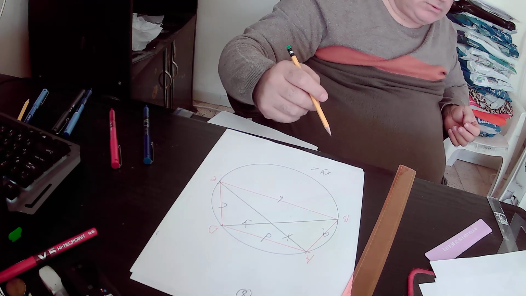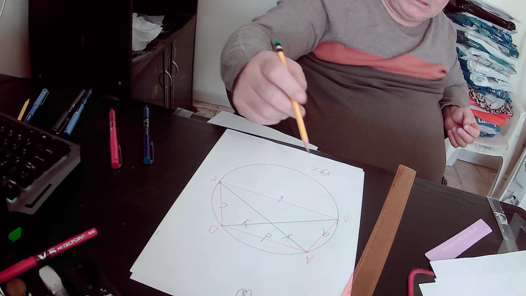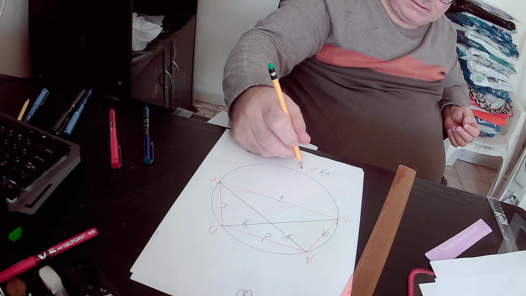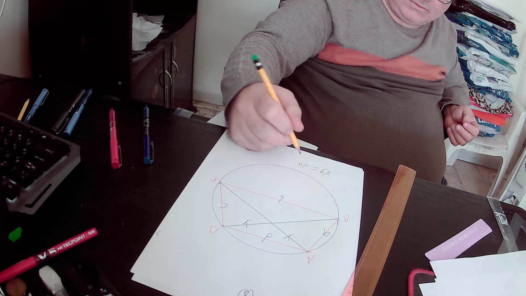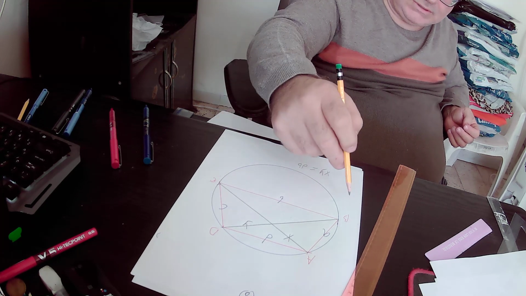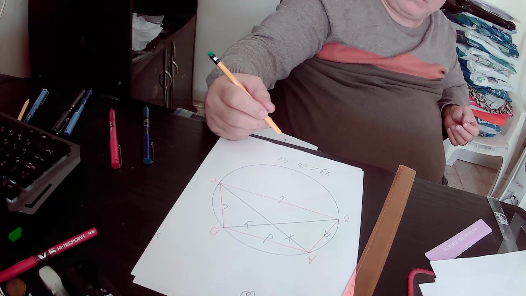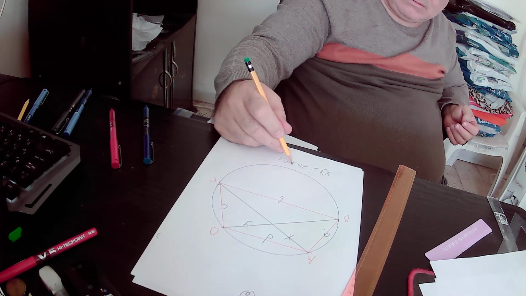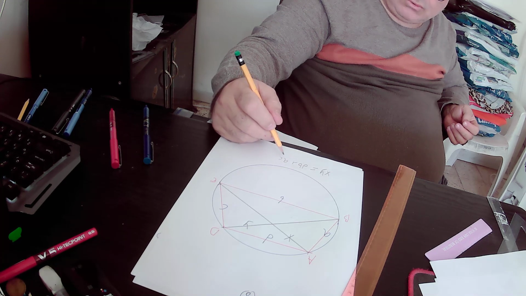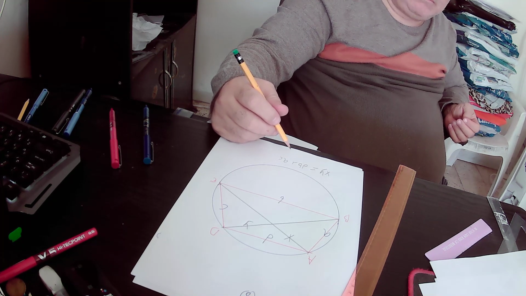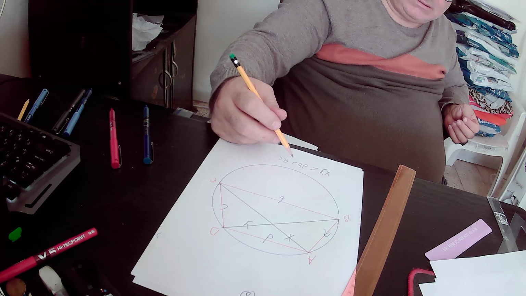So the first product of the opposite sides is D times B, and the second product of the opposite sides is A times C, and the sum of the products of the opposite sides is product 1 plus product 2, that is to say it equals DB plus AC, and it equals the product of its diagonals.